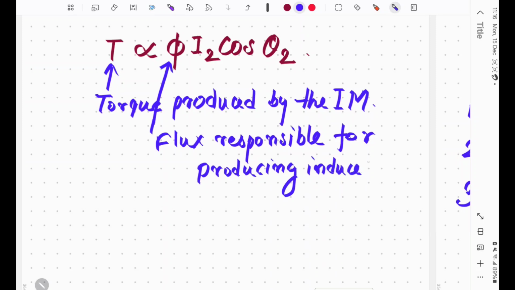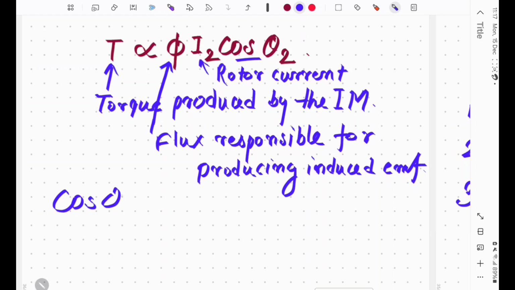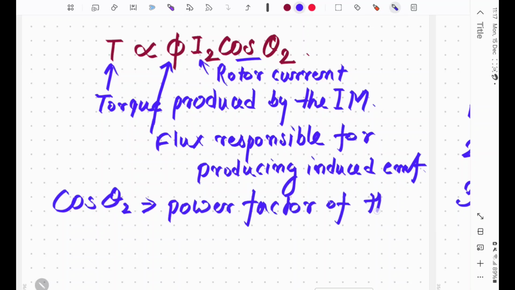I2 is the rotor current, and cos theta 2 is the power factor of the rotor circuit.